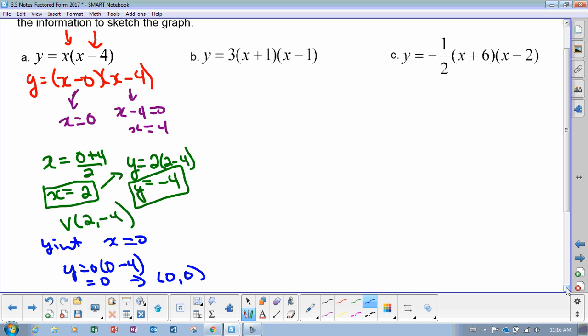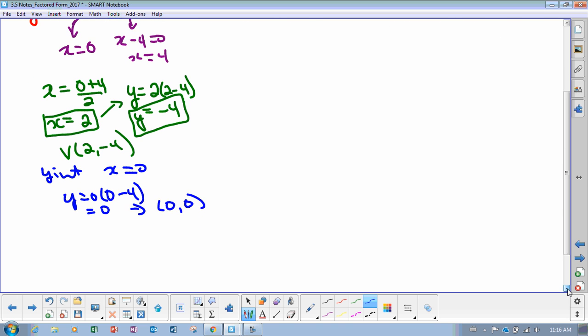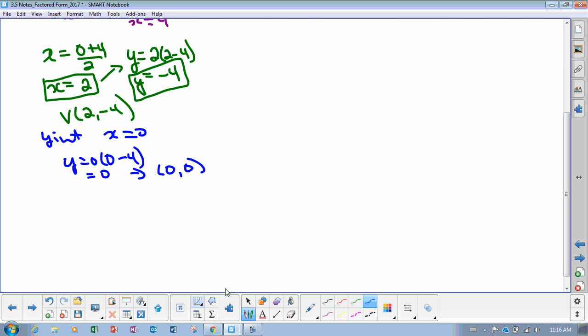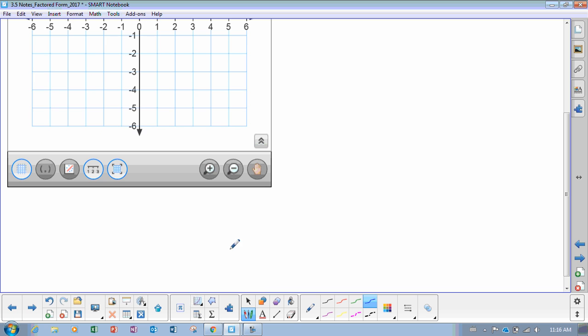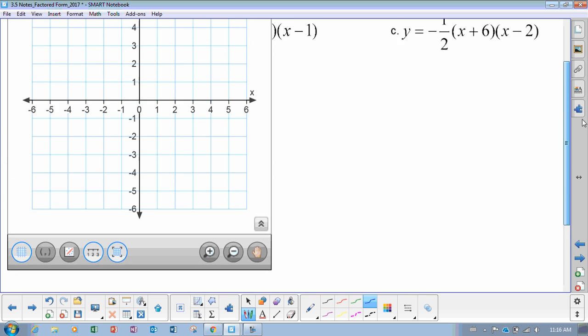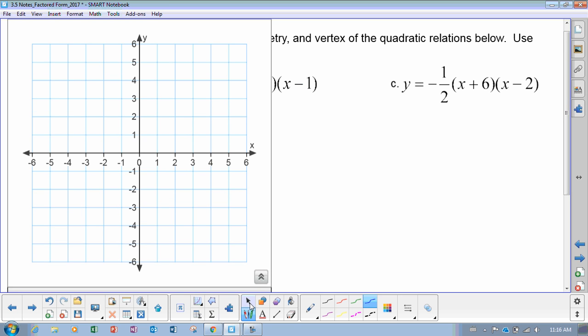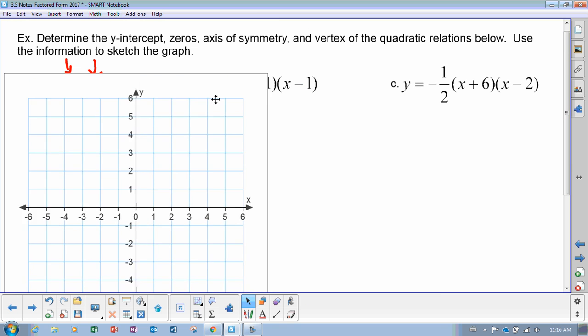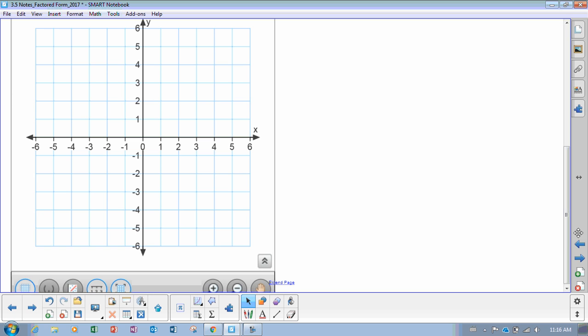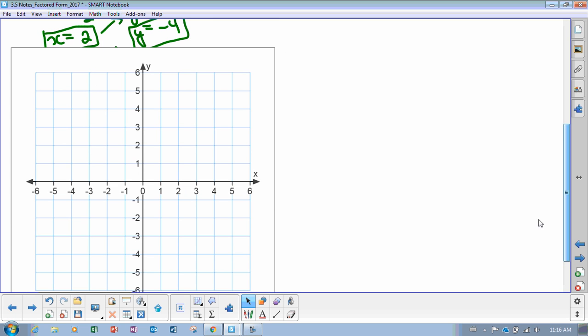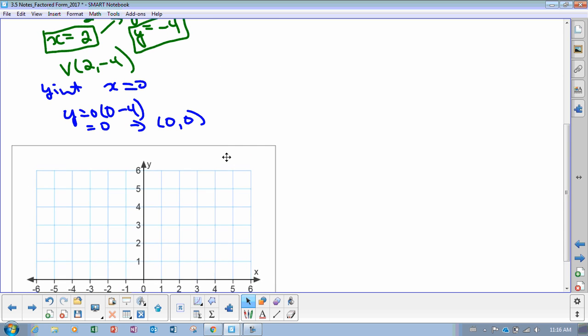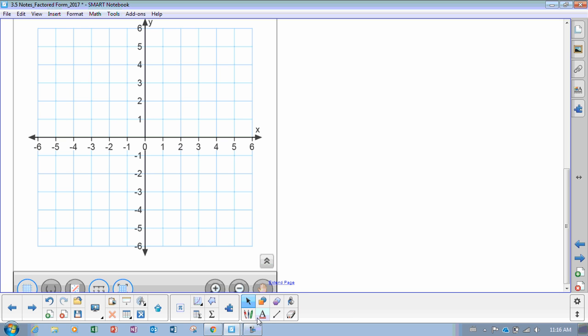So with all of this information, we can come up with a pretty accurate graph. So that's what I'm going to do. I'm going to put in a grid. I'm going to have to move that grid down, all the way down to here. So in that question, we had the zero at 0, 0.